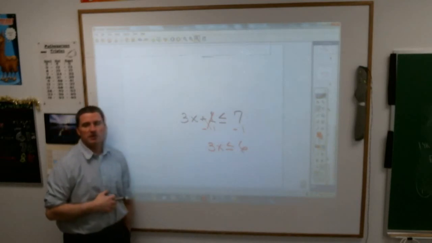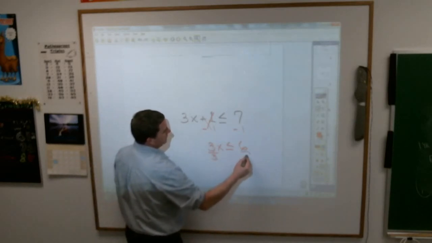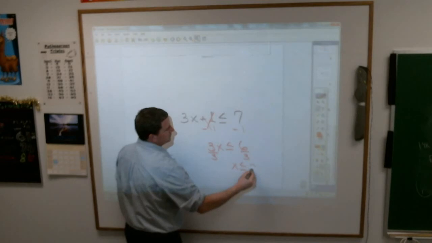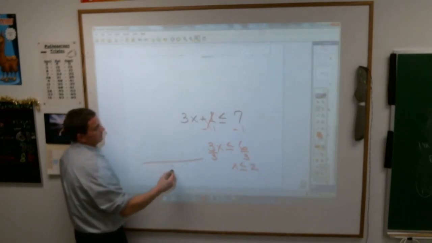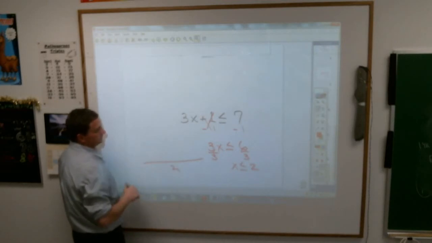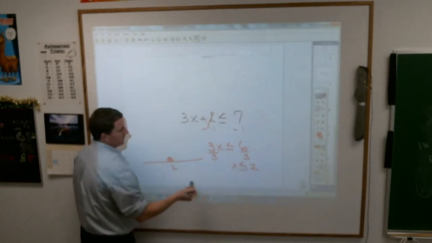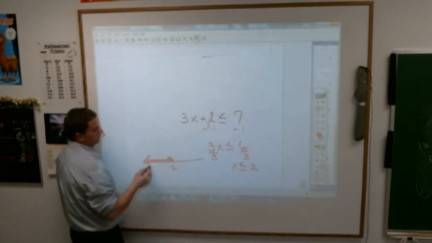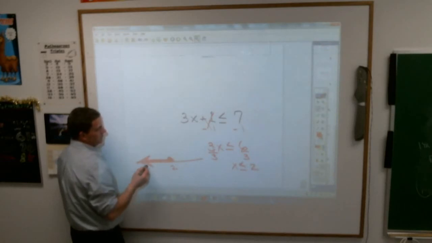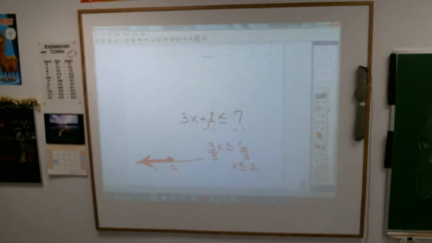And then the last step is to divide both sides by 3, so x is less than or equal to 2. I've got it solved, and then I need to graph it. At 2, is it going to be an open circle or a closed circle? Which way is it going to shoot off? To the left. Remember, this is the arrow point. X is less than, so it's going this way. Any thoughts on that?